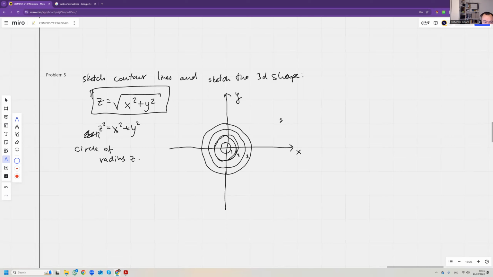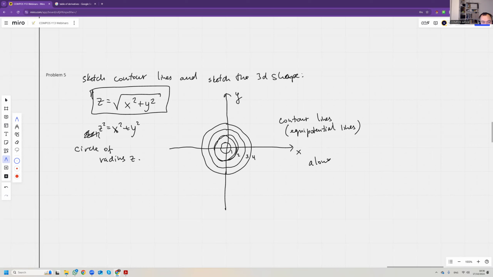So contour lines are similar to equipotential lines. So along this line, z is constant.